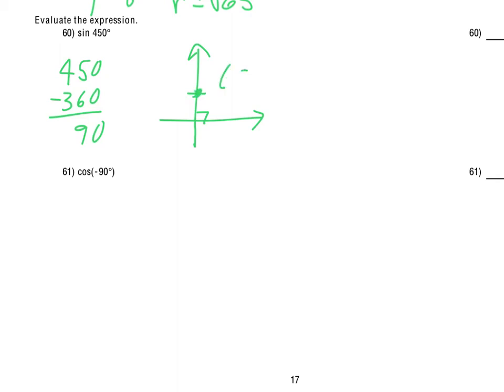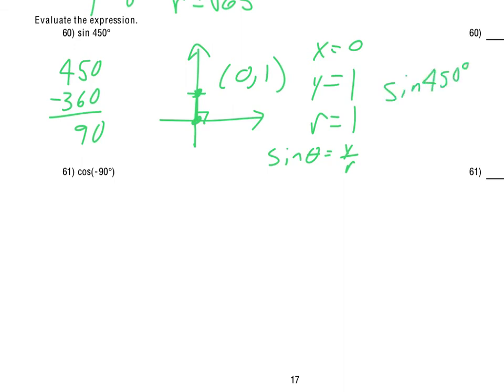The easiest point to use would be 0, 1. So x is 0, y is 1. R is also 1 because r is this distance from the origin to there. And sine still is y over r. So in this case, 1 over 1. So the sine of 450 degrees is 1.